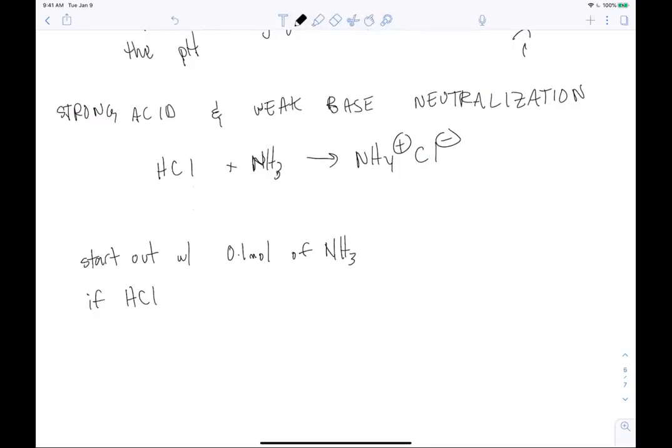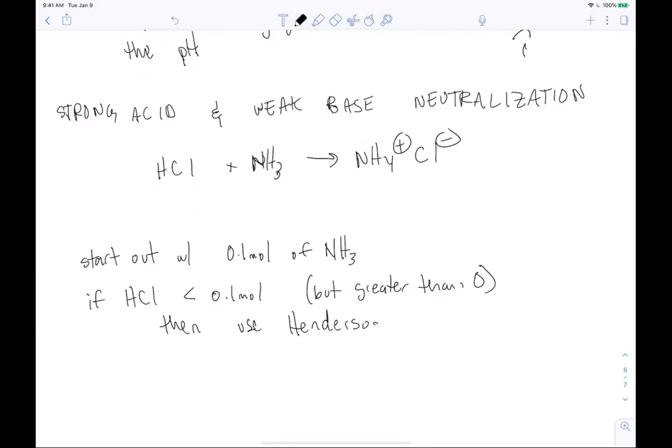If HCl is less than 0.1 moles, but greater than 0, so you have to have added some HCl, then you use the Henderson-Hasselbalch equation.